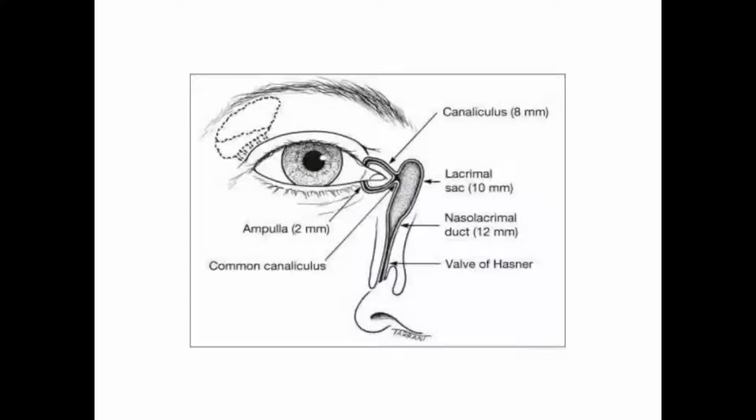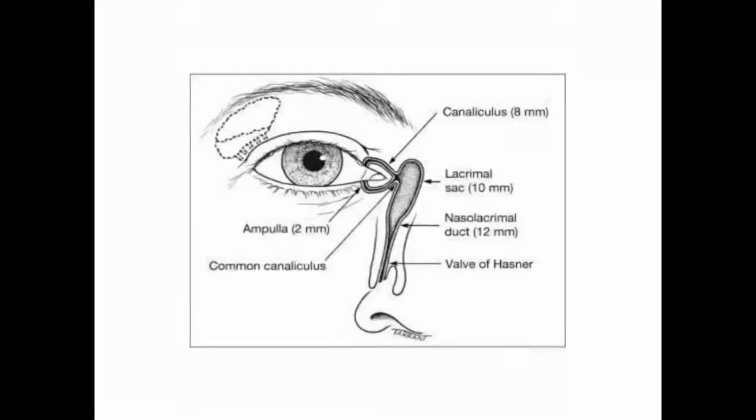You can see here in this beautiful diagram where the lacrimal gland is situated. Usually the lacrimal glands are of two types: one is the main gland and the others are accessory glands. The main gland is situated in the lacrimal fossa, which is seen here beneath the upper eyelid in the lateral area.